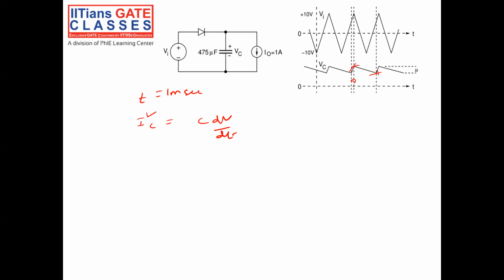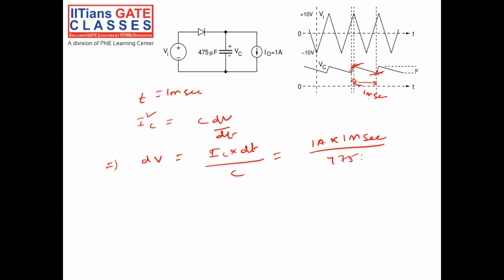Since my capacitor is providing 1 ampere current for approximately 1 millisecond, what is the change in voltage of the capacitor when it discharges? dV is equal to IC into dt divided by C. IC during discharging is 1 ampere, time is 1 millisecond, divided by the capacitor, which is 475 microfarad.